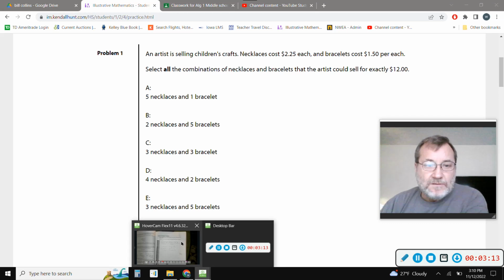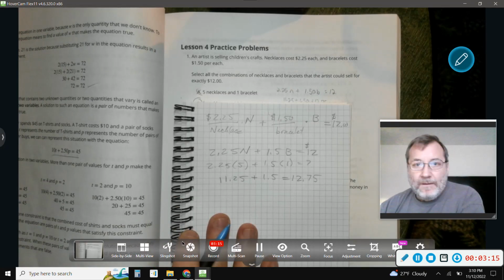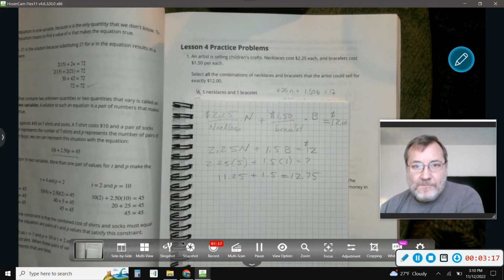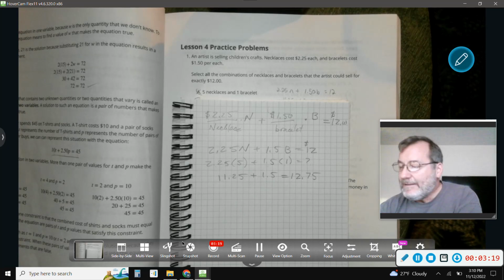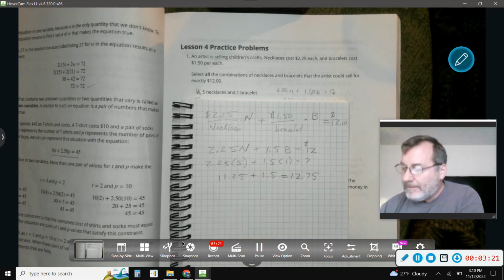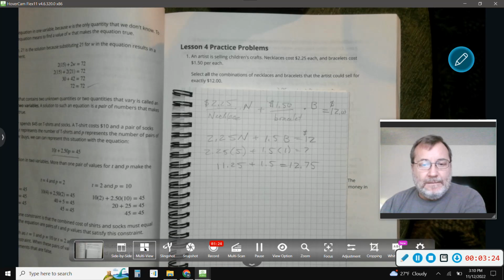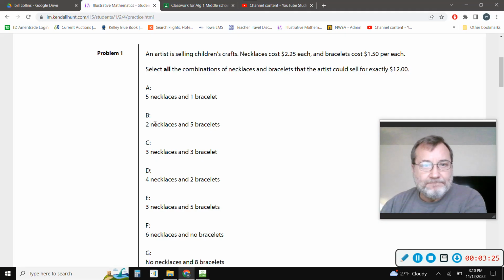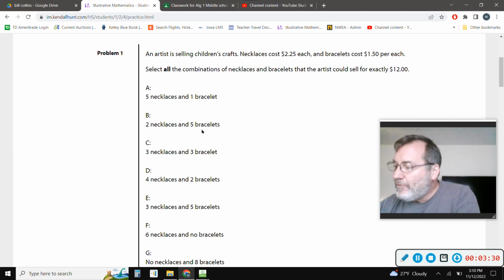All right, so let's go back to here. This first one, 5 necklaces, 1 bracelet: no. Next one, 2 necklaces, 5 bracelets. So 2.25 times 2 necklaces plus 1.5 times 5 bracelets.